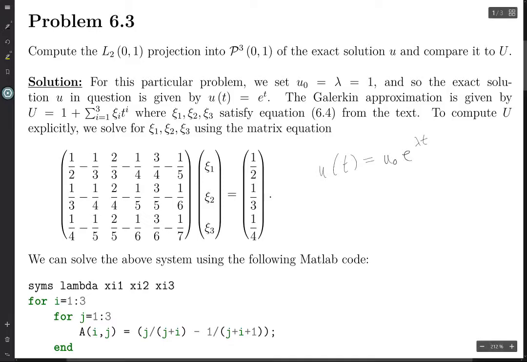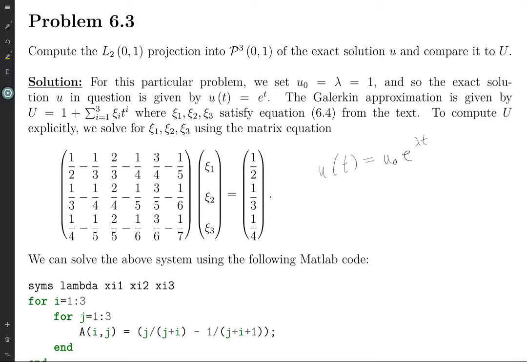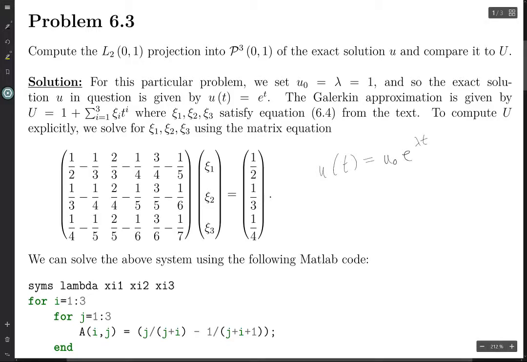They even did this a little earlier in the section, where they set u0 equals lambda equals 1, and with that they provided what the actual Galerkin approximation capital U looks like in decimal form, and we'll derive that all here. Just to be clear, this is the problem.